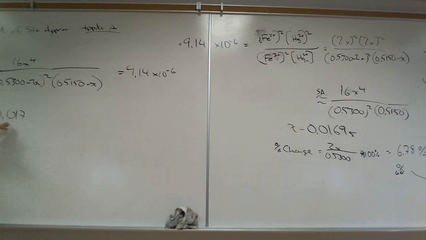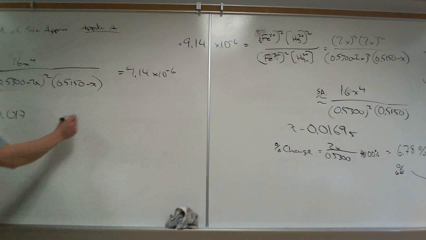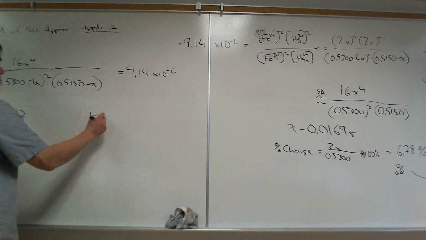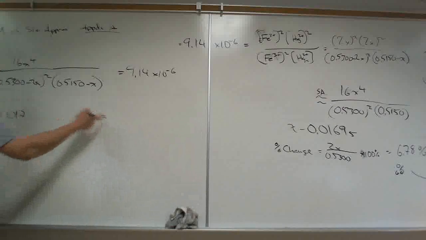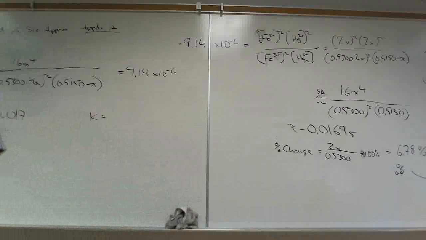And so let's just go ahead and guess x is equal to 0.017, and then calculate 0.017 to the 4th times 16 divided by parentheses 0.53 minus 0.017, times 2, whatever, and punch it out, and then see what K is equal to. And so if x is equal to this, K equals what?